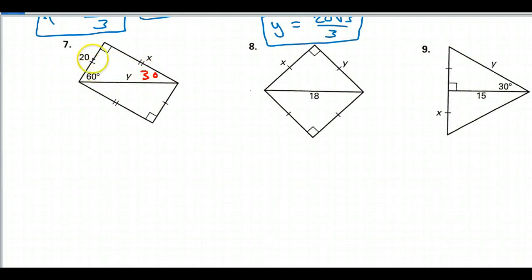Number 7, this is the short leg, so I'm just going to call that short. This side is going to equal short radical 3, and this side will be 2 short.